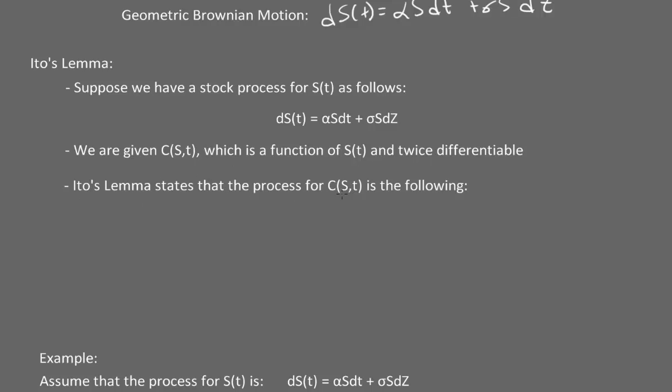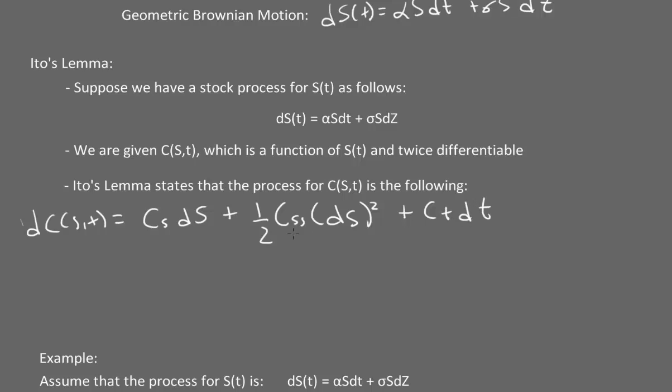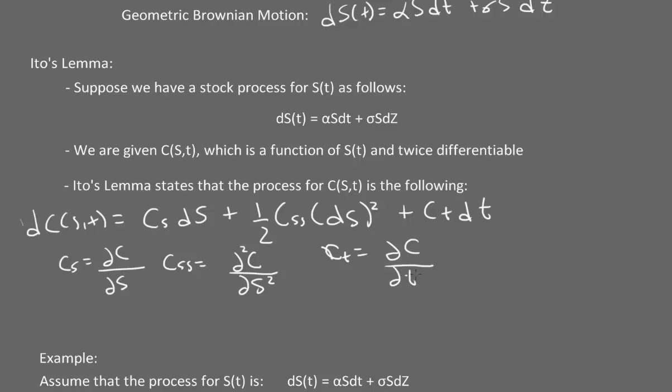Ito's lemma states that the process is the following: dC(S,t) is equal to Cs dS plus 1/2 Css dS squared plus Ct dt, where Cs again is the change in C with respect to S, Css is the second partial of C with respect to S twice, and Ct is equal to the change in C over the change in time.